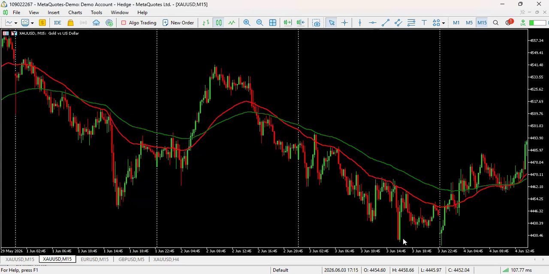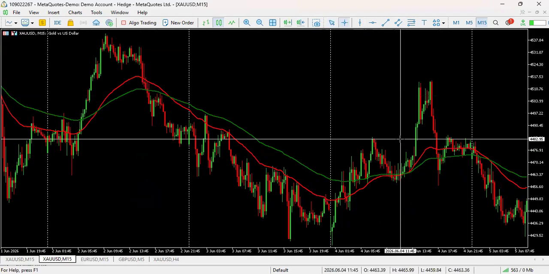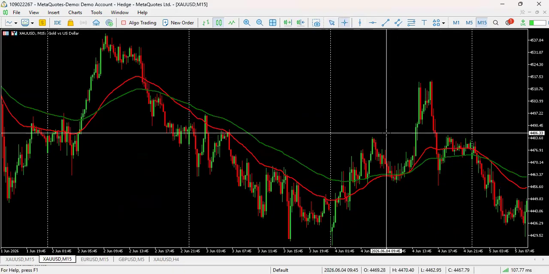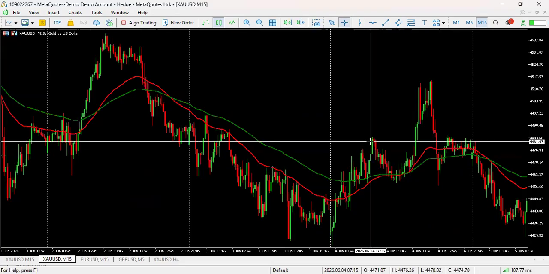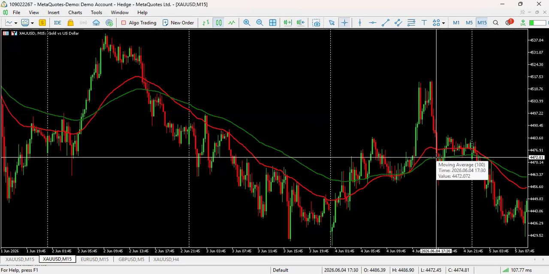Going into day four, account balance is 355. And do we see any moving average cross? We do. It's really late in the day. Came here, real quick pullback. It crossed and a quick pullback. Because this is for the buy, if you want to be safe, you can just take this trade here.